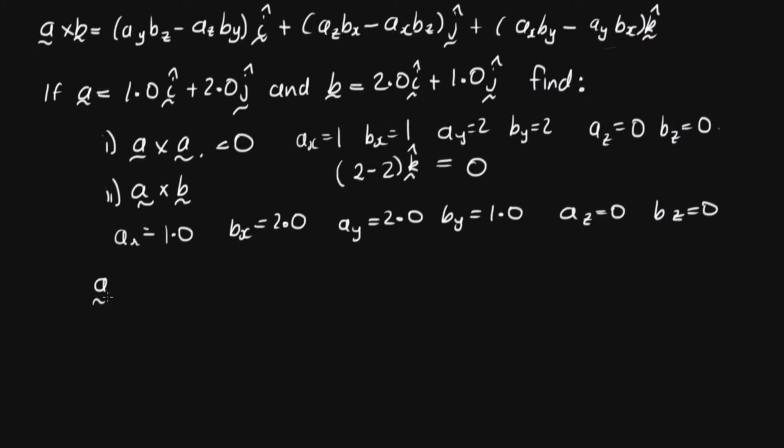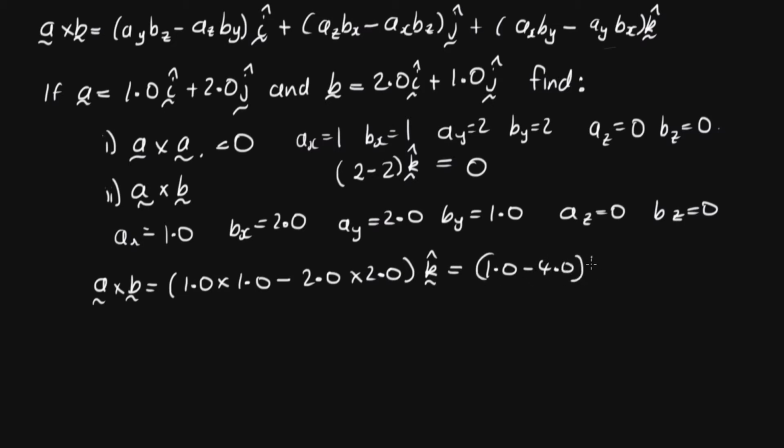So we've got a cross b is equal to, okay, ax, that's 1, times by, which is 1, minus ay, which is 2, times bx, which is 2, times k. So this is equal to 1 minus 4, k, which is equal to minus 3k.